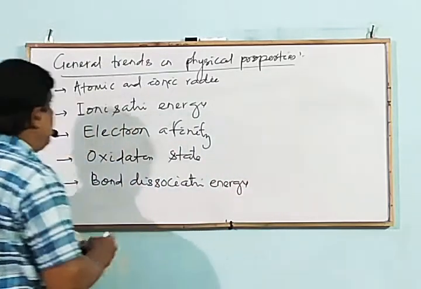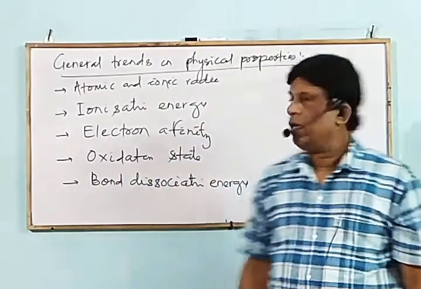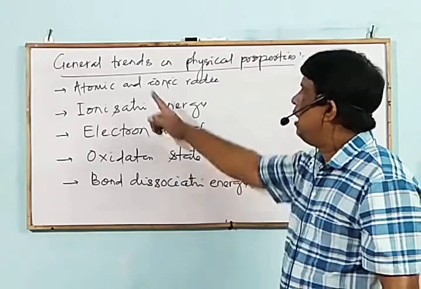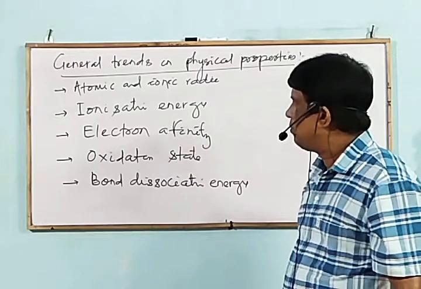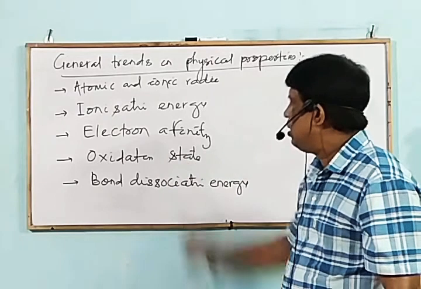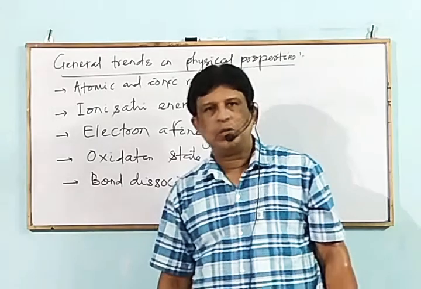Mark that. Under the heading of general trends in physical property, now I discuss the following points. I repeat again. Atomic and ionic radii, ionization energy, electron affinity, oxidation state, and last one is bond dissociation energy.